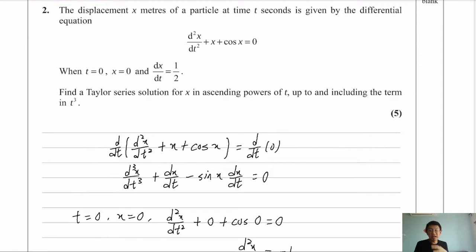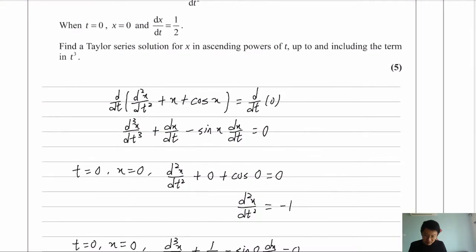To get that, we just have to differentiate one more time the differential equation that we have. Differentiating is not a difficult thing to do. We differentiate both sides with respect to t.